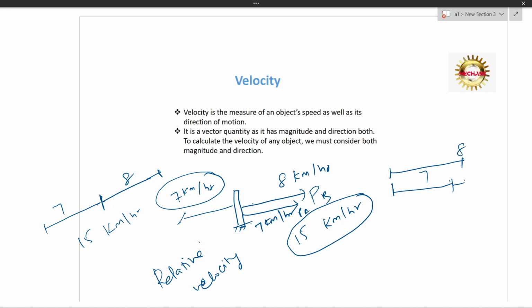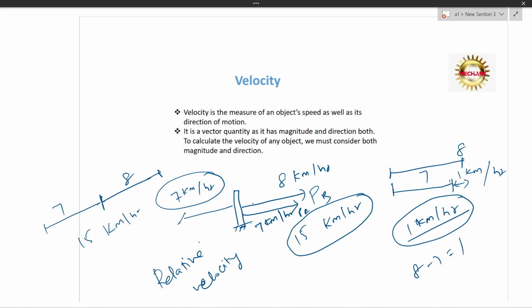So the distance between them is 1 kilometer in 1 hour. This is called the relative velocity. Since they are moving in the same direction, we need to subtract: 8 minus 7 is equal to 1. That's the relative velocity.